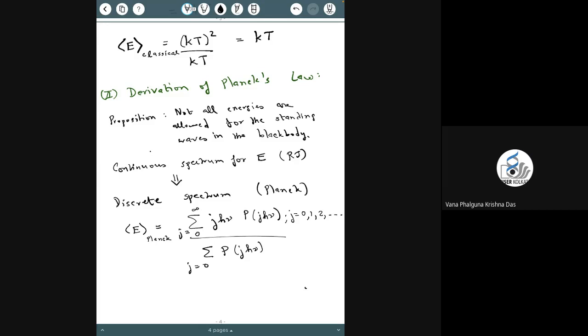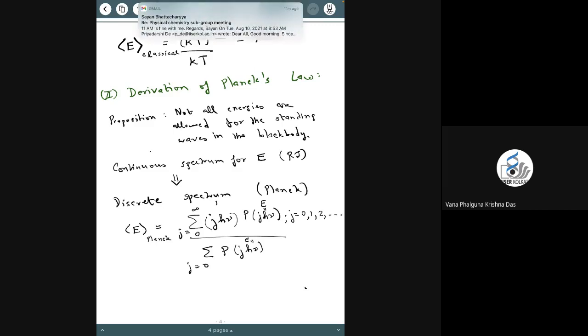Ma'am, what is P of j h nu? So this is the probability distribution function for this. I can write this as E as well. So this is the same as the probability of having each energy, just that now not all energies are possible, only multiples of h nu are possible. Ma'am, is it the probability of that energy?